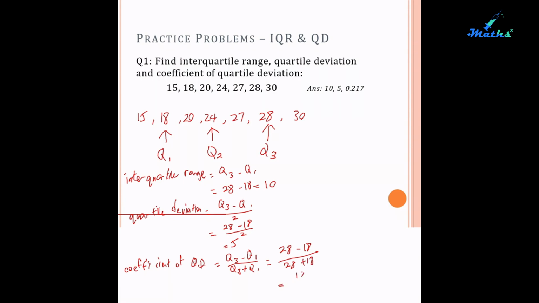So 10 divided by what? What is your answer? Yes, it's 46, right? So we will divide 10 over 46 by 2, so it is 5 over 23. 5 divided by 23 is how much?